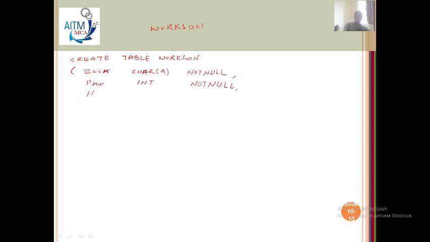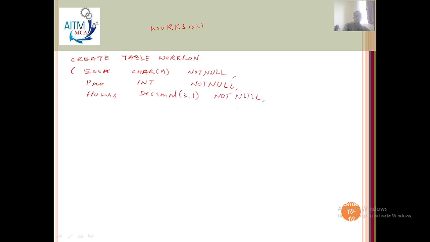Then how many hours he is working: hours. This is decimal 3 comma 1. I am going to discuss the data types in detail in tomorrow's class. Got it? Then not null.